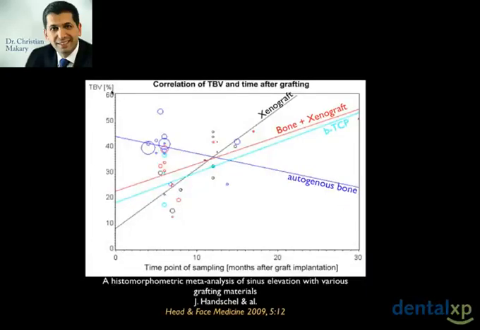And when we correlate total bone volume to time of grafting, we see that with xenograft, total bone volume has a tendency to augment over time, while with autogenous bone, it has a tendency to diminish, because autogenous bone will resorb over time without leaving its place to newly formed bone, while xenograft or beta-tricalcium phosphate will resorb over time and will lead to new bone formation. This is why we have a tendency to have a higher total bone volume.